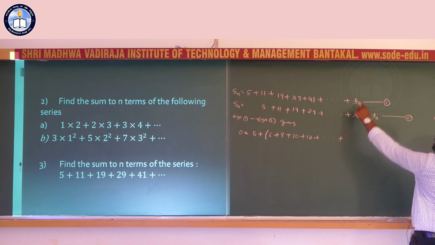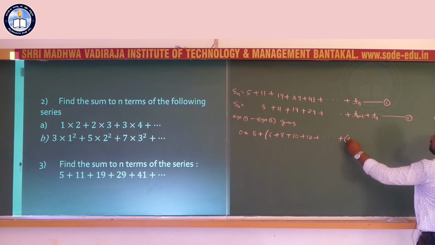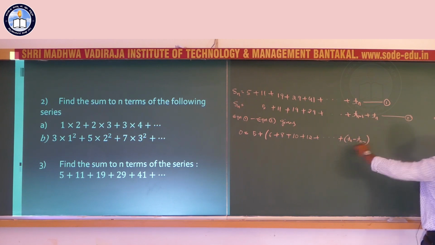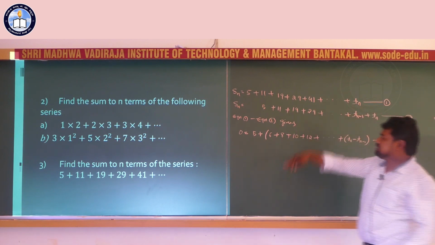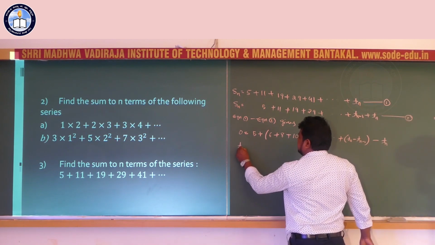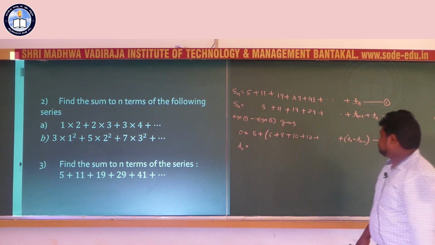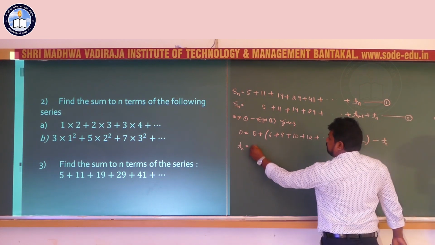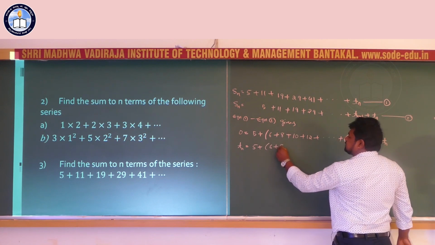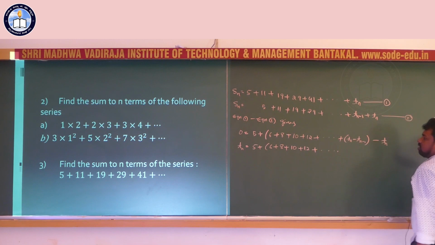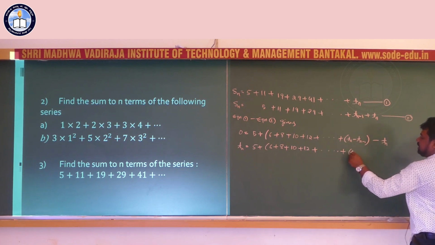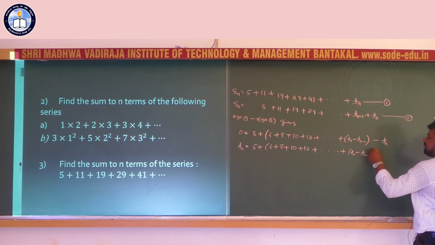Here Tn minus 1, the nth term minus the n minus 1th term, minus Tn. I take this minus Tn to the left hand side, that becomes plus Tn equal to 5 plus 6 plus 8 plus 10 plus 12 up to Tn minus 1.